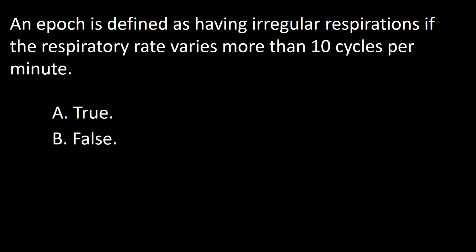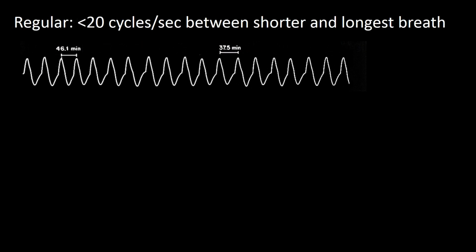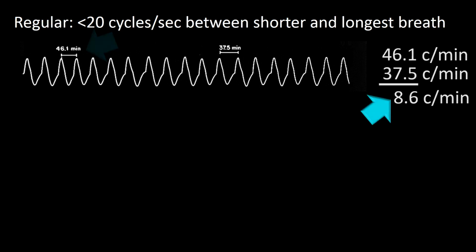Next question. An epoch is defined as having irregular respirations if the respiratory rate varies more than 10 cycles per minute. A. True. B. False. An epoch is defined as having regular respiration if the difference between the longest and the shortest respiration is less than 20 cycles per minute.